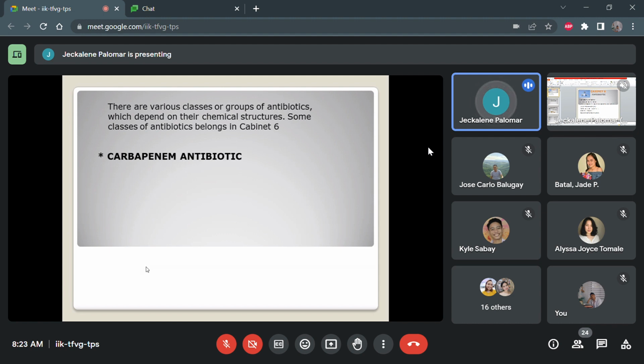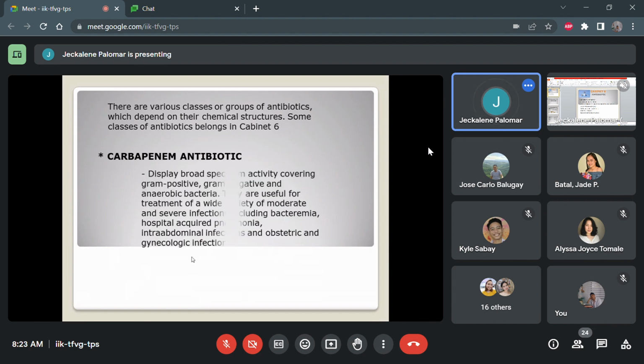So the first class of antibiotics is an example of a restricted antibiotic that we have in our pharmacy. First, we'll discuss carbapenem antibiotic. It displays a broad spectrum activity covering gram-positive, gram-negative, and anaerobic bacteria.